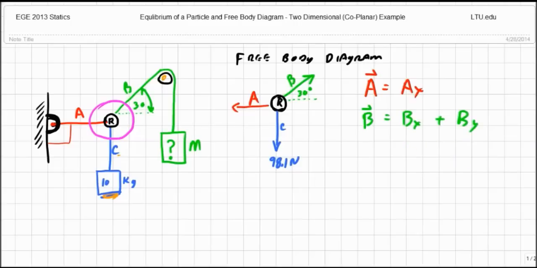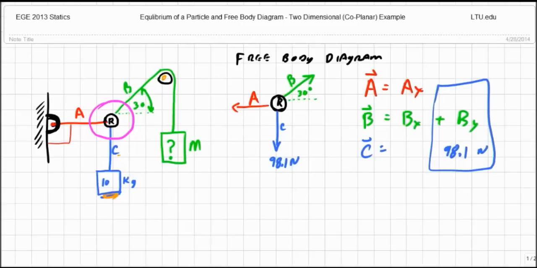And for my C, there is no X component. It's 10 kilograms times the acceleration of gravity, 9.81 meters per second squared, so I have 98.1 newtons. Since I can separate my X equilibrium from my Y equilibrium, looking at the sum of forces in the Y direction, I have 1 equation and 1 unknown.